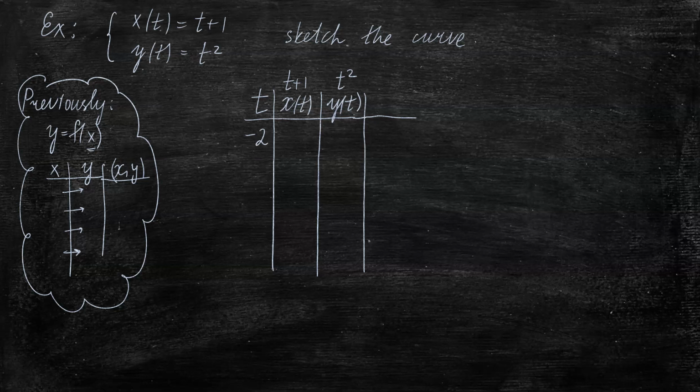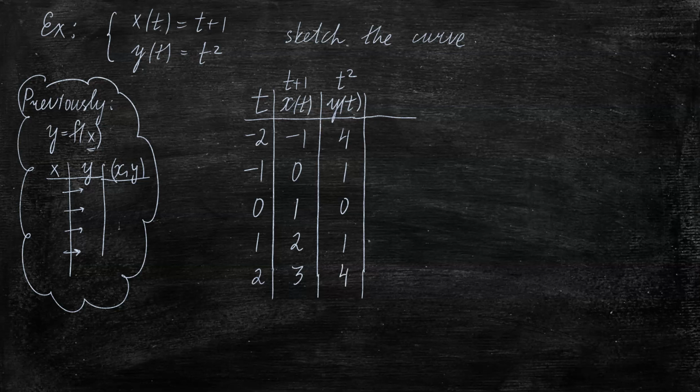So when t is equal to -2, x of t will be -1 and t squared will be 4. When t is equal to -1, we get 0, 1. When t is equal to 0, we get 1, 0. When t is equal to 1, we get 2, 1. And when t is equal to 2, we get 3 and 4.